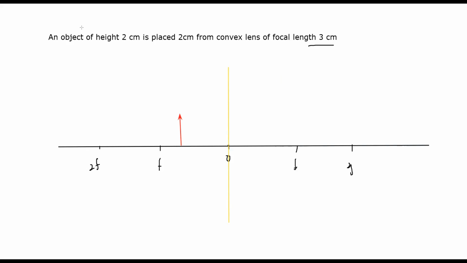The object is having a height of 2 centimeter and it is placed 2 centimeter from the lens. The height is 2 centimeter and the distance between the object and the lens is also 2 centimeter. So both are 2 centimeters.